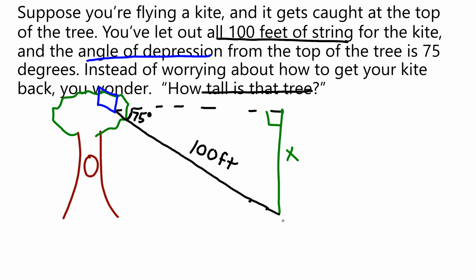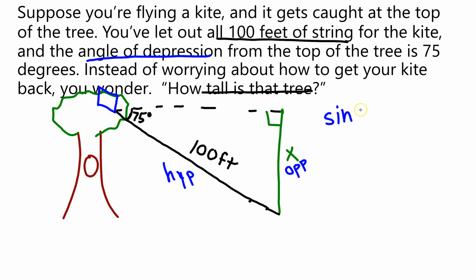So if we look, we have our angle, 75. We have this x as the opposite side of the angle, and then 100, well, that's the hypotenuse. If we have opposite and hypotenuse, we should know by now that that is our sine function.